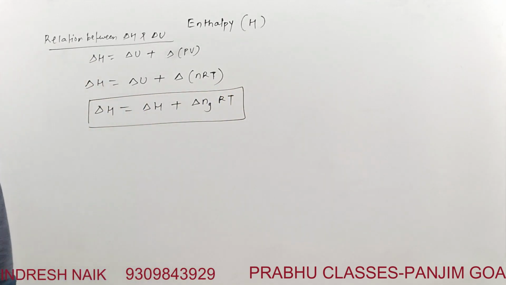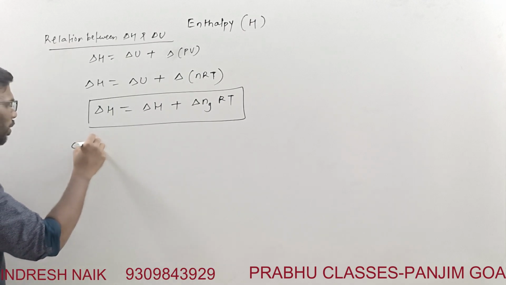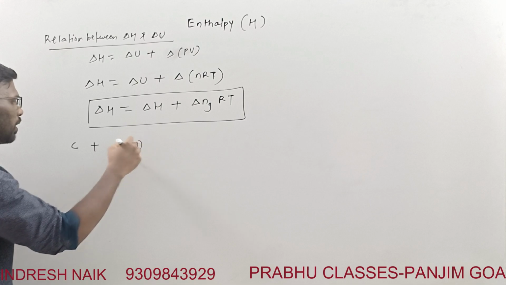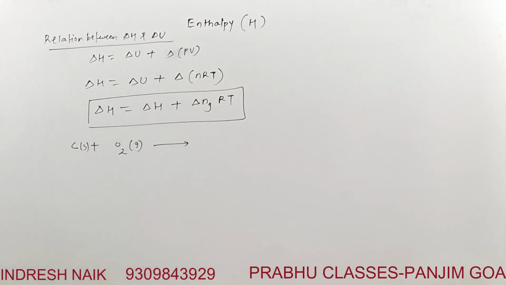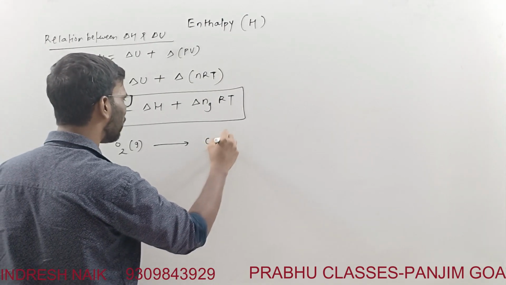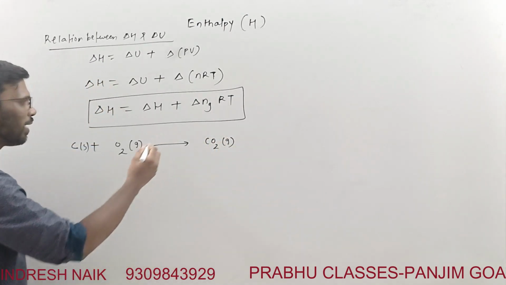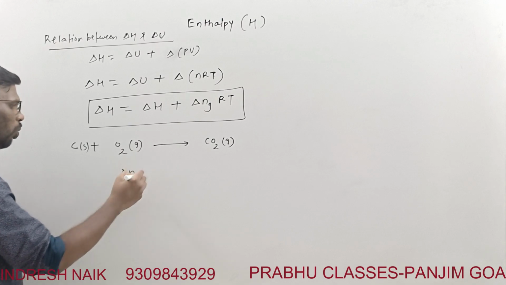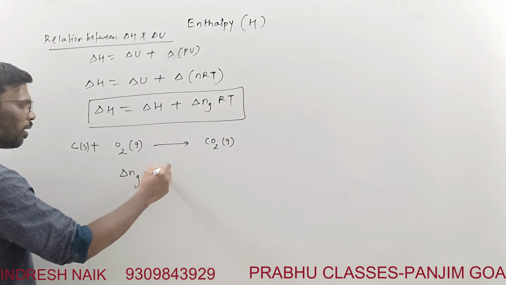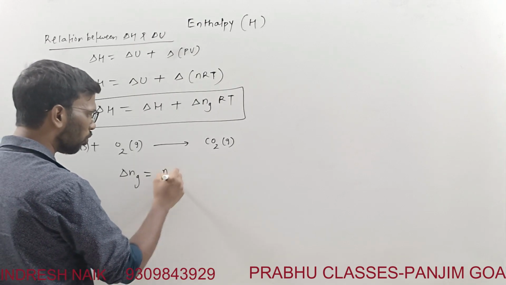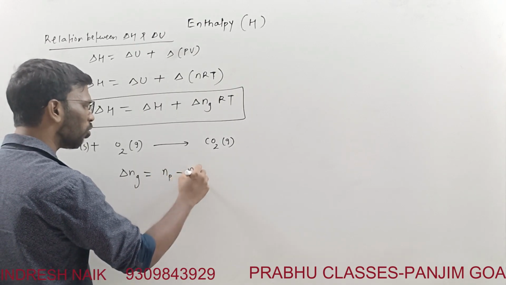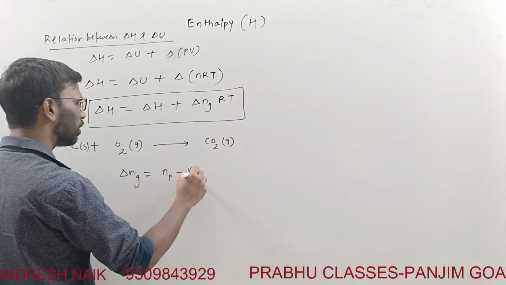Let's write some reactions. Let's say carbon, which is solid, and oxygen, which is gas, getting converted to carbon dioxide. What is delta n over here? Delta n is the number of moles of gaseous product minus the number of moles of gaseous reactant.